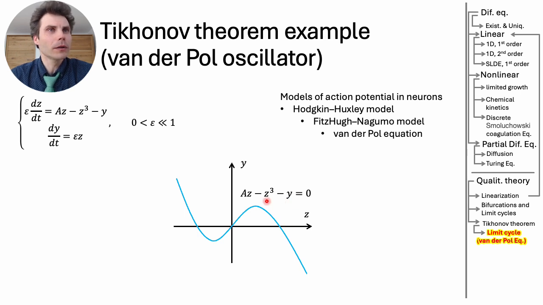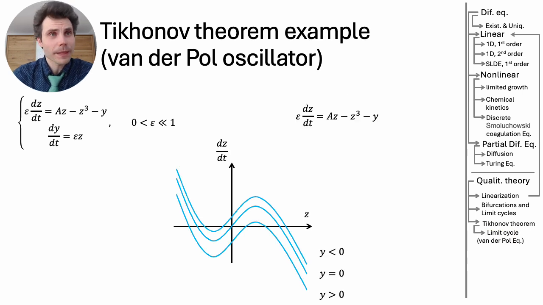Okay, so the quasi-stationary state of z is described by this cubic curve here. And how does it behave? Well, its behavior depends on the value of y that we select. If y is positive, the curve is shifted downwards.